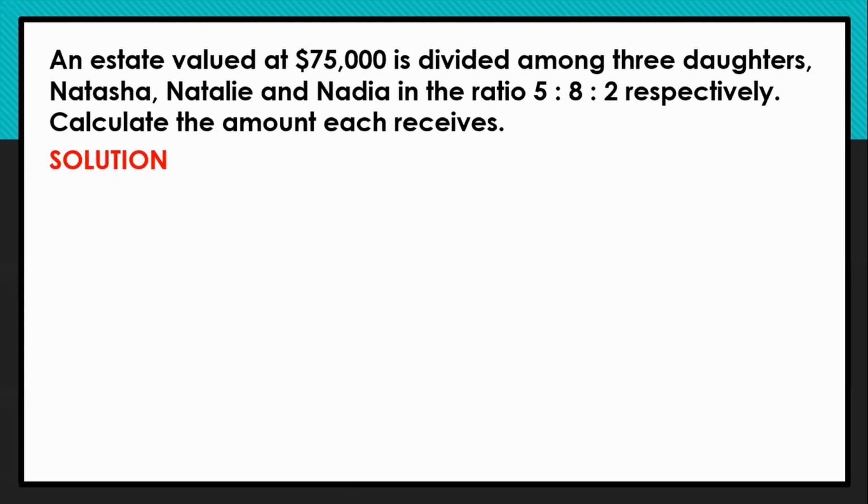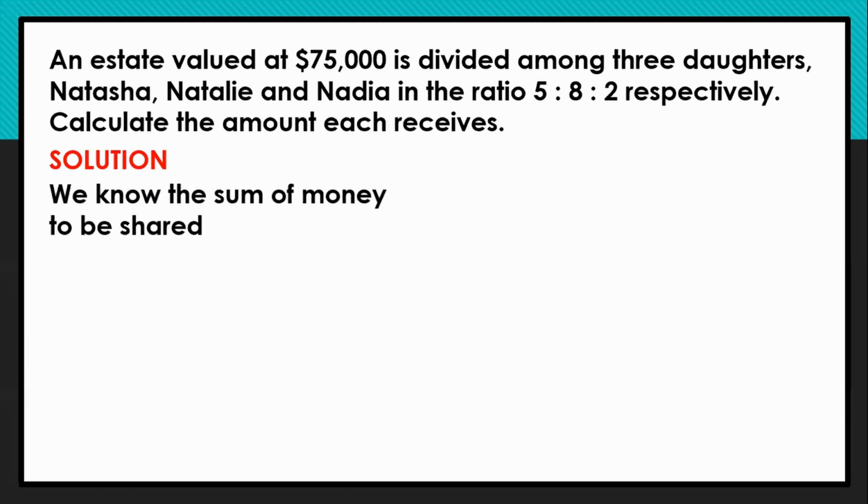Great job. Let us see if our answers are the same. So, what were we given? We were given that the sum of the money to be shared is $75,000.